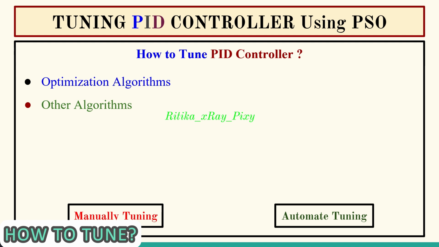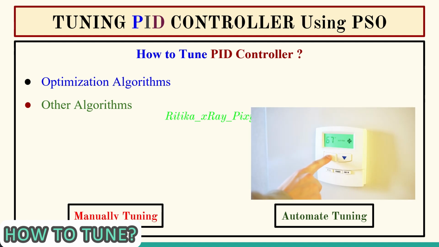Manually we can do parameter tuning by setting the reset time to the maximum value and the rate to 0, and then increasing the gain until the loop fluctuates at a constant amplitude.